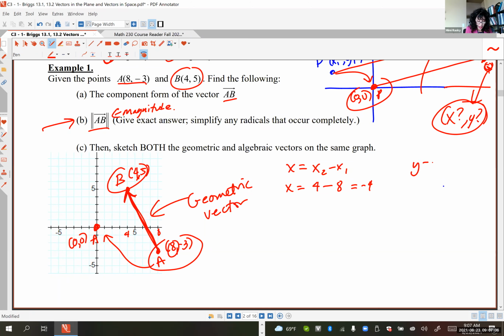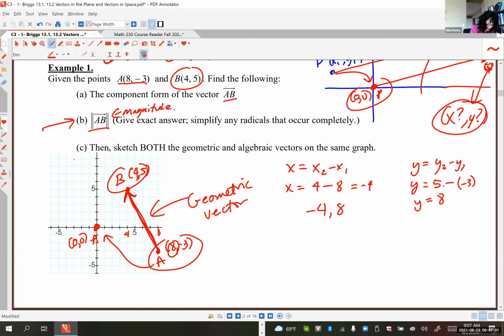And then the Y coordinate will be found by taking B's Y coordinate, which is a 5, and subtracting A's Y coordinate, which was a negative 3. But 5 minus a negative 3 is 8. So the new coordinates for B, when you move him, are going to be negative 4, 8.